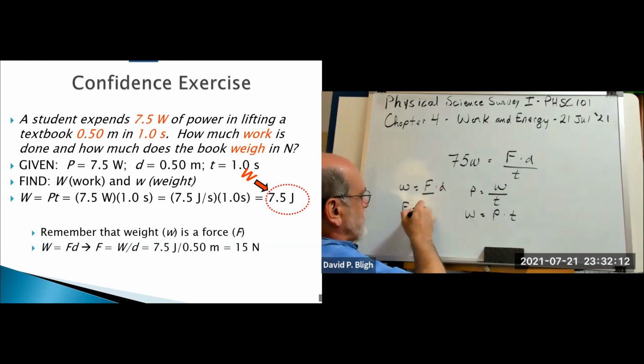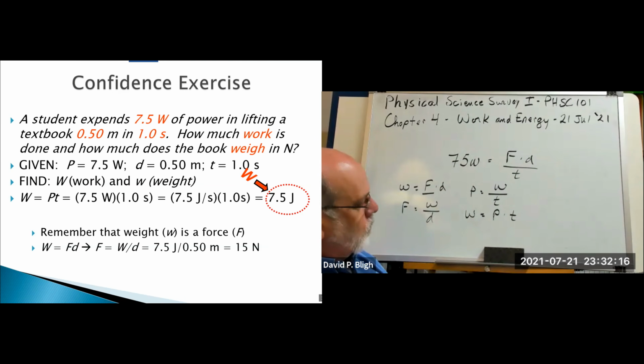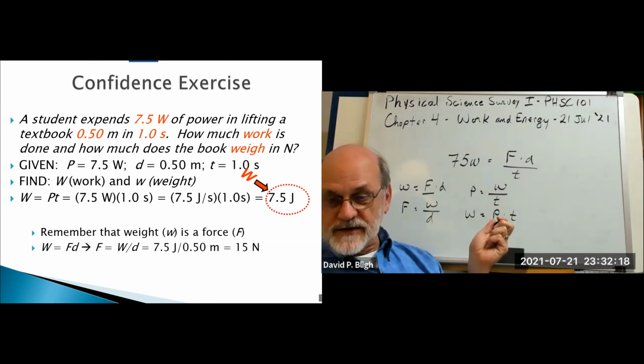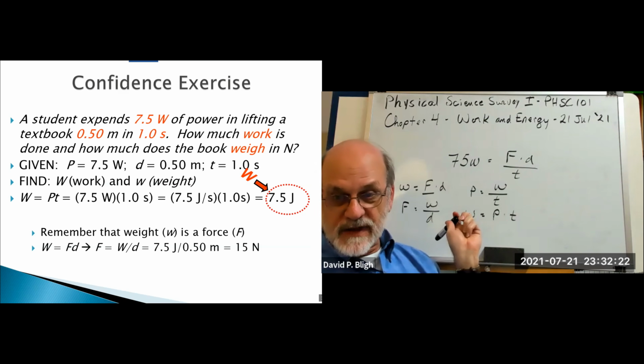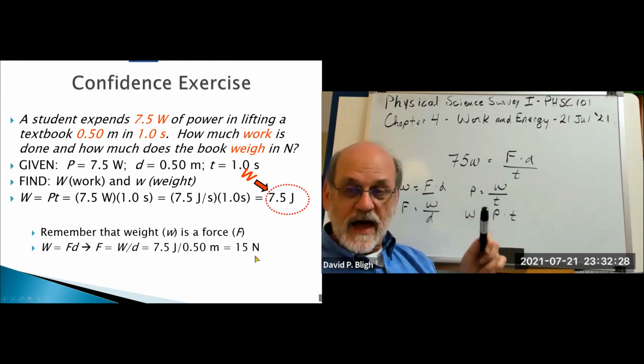So force is equal to work divided by distance. We calculated the work at 7.5 joules. Now we know the distance is half a meter. So we divide half a meter into 7.5 joules and we get 15 newtons. So now we know that the book weighs 15 newtons.